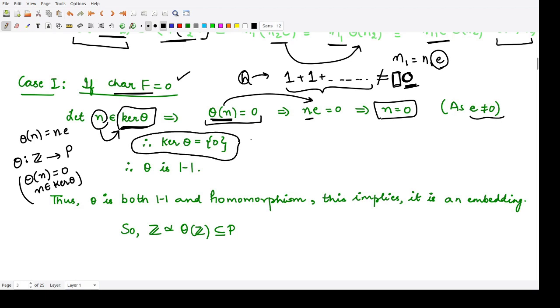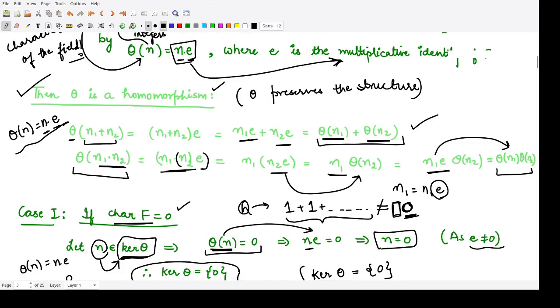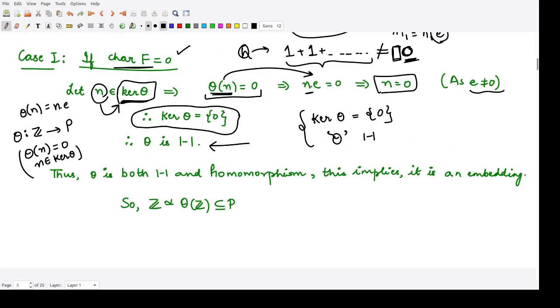And this is a theorem: if the kernel of any mapping contains only the 0 element, or the identity element, then that mapping theta is 1-1. So this is a result. According to this result, we have 1-1, and we have just shown proof that we also have a homomorphism for this particular mapping. So this mapping theta is both 1-1 and a homomorphism.